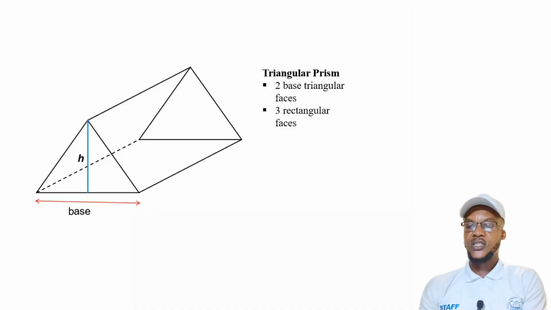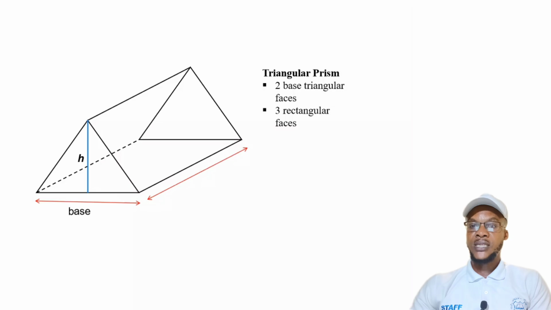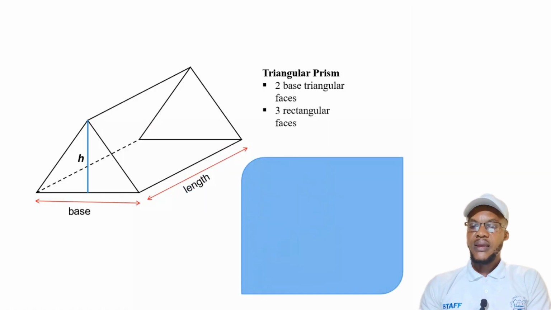Then for the lateral faces, we also have the length, because the lateral face is a rectangle, and for a rectangle we have the length. Now, before that, we are going to find the volume of this shape.